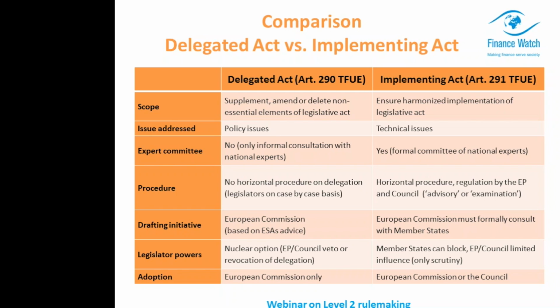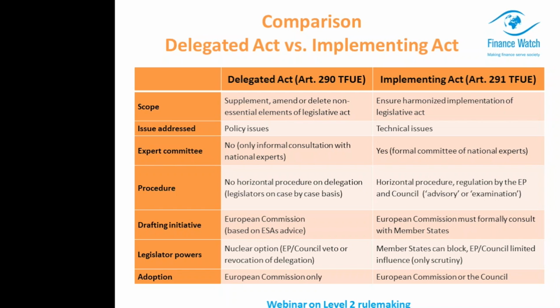And then, I think this is very important, it's sometimes used as a trade-off when the co-legislator decides whether to use delegated or implementing acts: the power of revocation. With a delegated act, the Council and the Parliament have the power to veto or revoke the delegation.